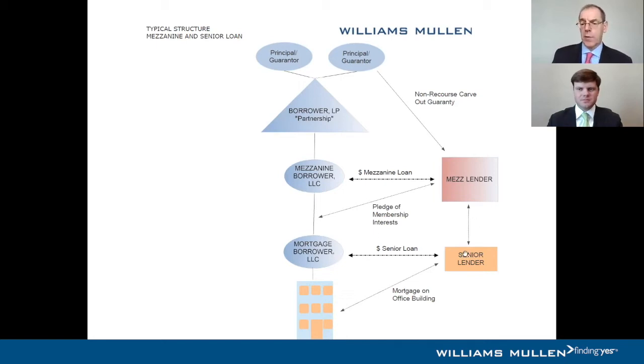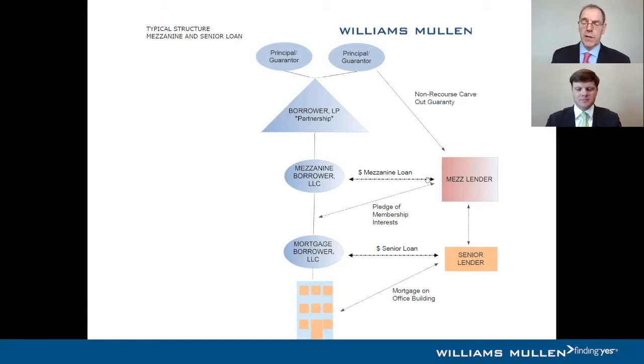So as I said, the senior lender generally makes a loan to a mortgage borrower that is the owner of the particular piece of real estate, and in return receives a mortgage or deed of trust, depending on the state, on that office building.